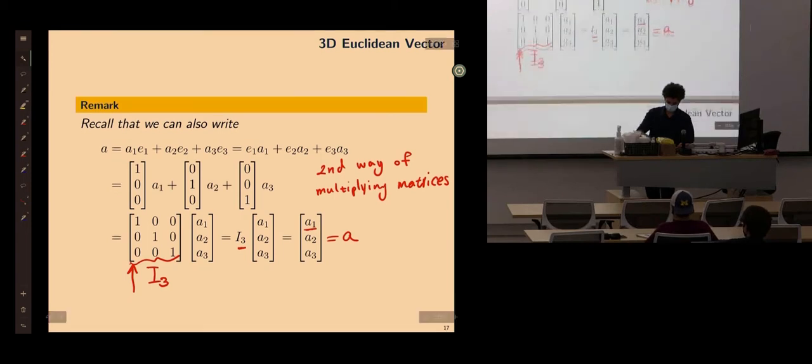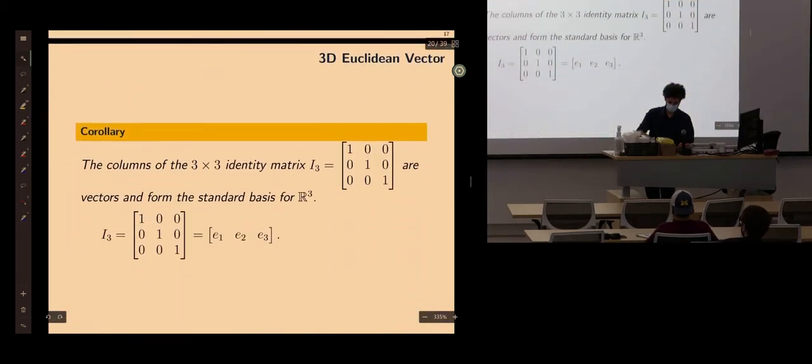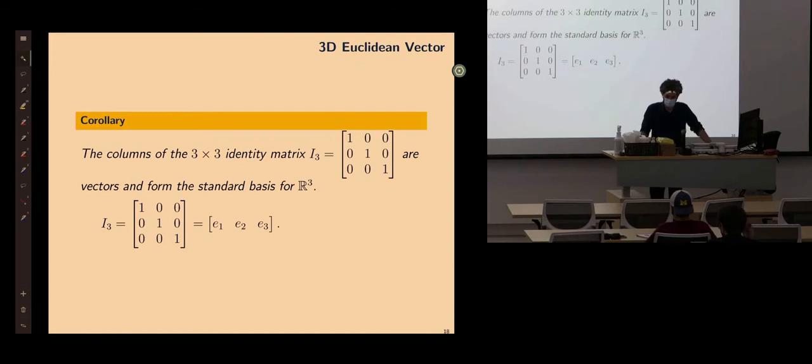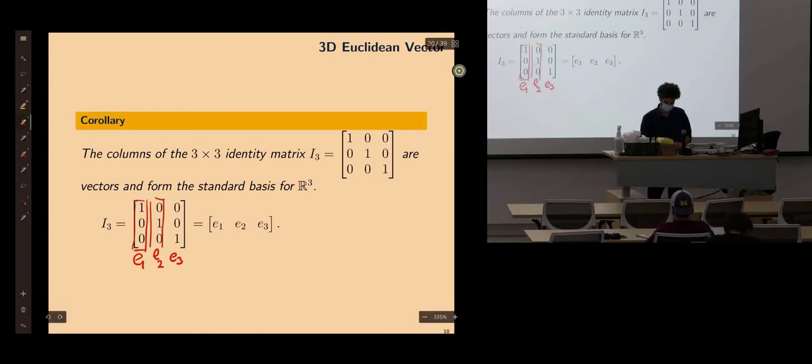So we realize that for a 3D space, the columns of the 3 by 3 identity matrix are, in fact, our standard basis. Now we get to think about these columns as vectors, as directions.